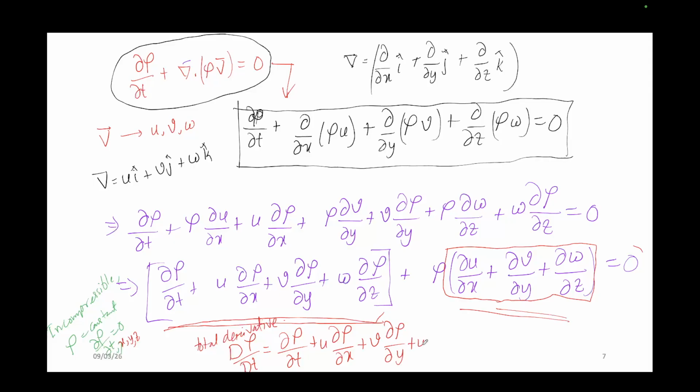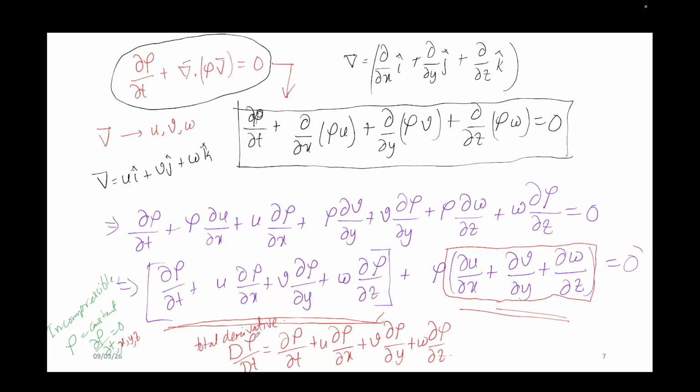It should be 0. Very good. So in case of incompressible fluid, the total derivative should be 0. This total derivative term, I think you have also studied in the acceleration term. In fluid mechanics, you have studied the acceleration at a point, right?